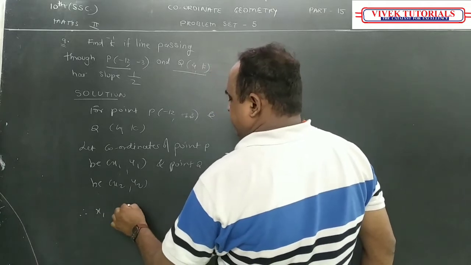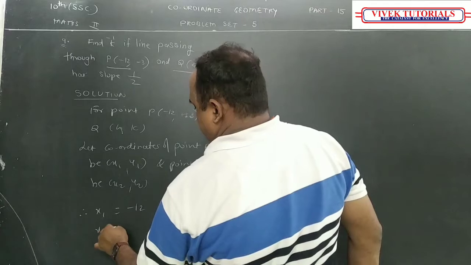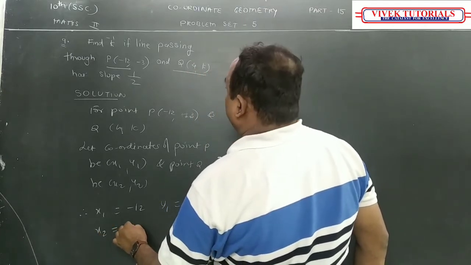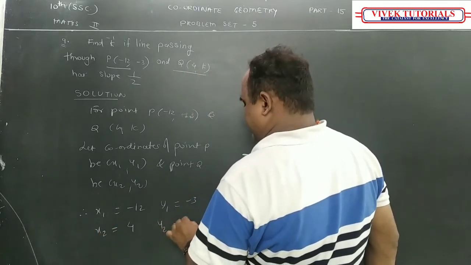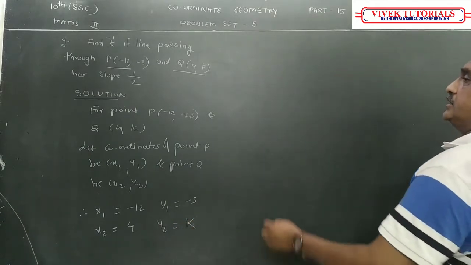Therefore, x1 is equal to minus 12, y1 is equal to minus 3, x2 is equal to 4, and y2 is equal to k. Got it now?